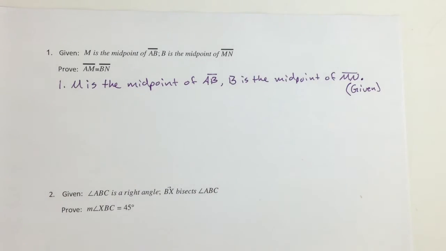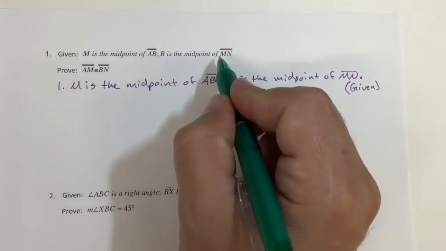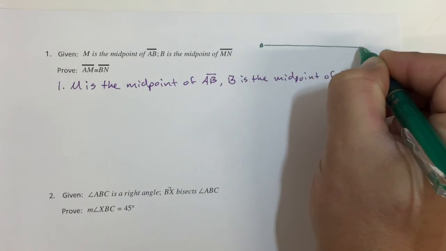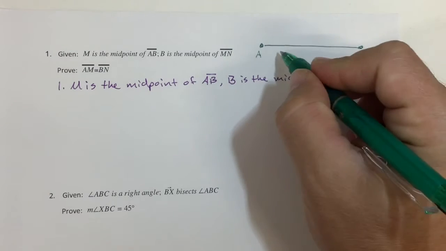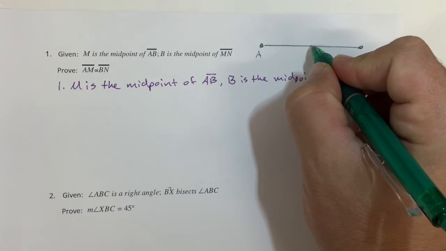Now, to do this, it really helps if we draw a segment. So I'm going to draw this out, that M is the midpoint of AB, and B is the midpoint of MN. Now, we're going to assume these are collinear then, because of how this all works out. So there's A, and M is the midpoint of some segment AB. This is not B, and I'll tell you why as we go through this.